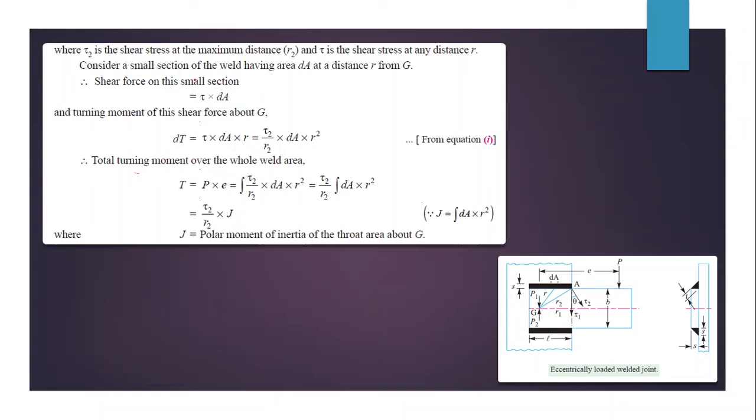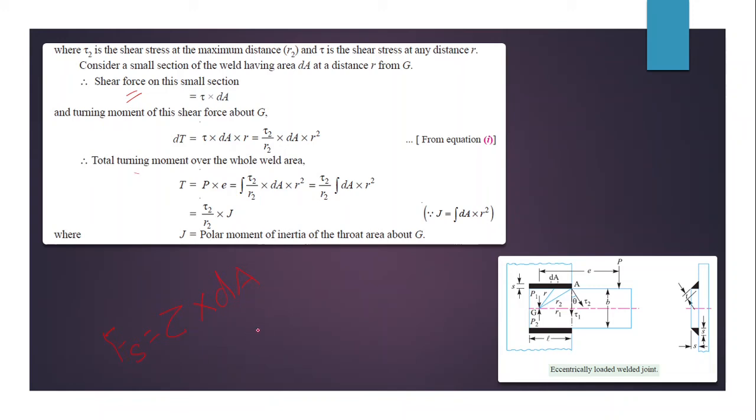Then consider a small section of weld having area dA. When we consider the small section of weld area dA, the shear force at that particular point is equal to tau, the shear stress, into dA.